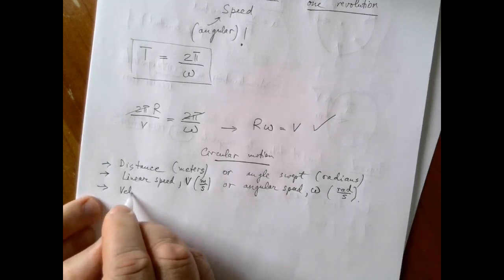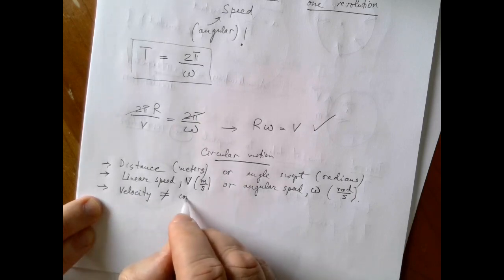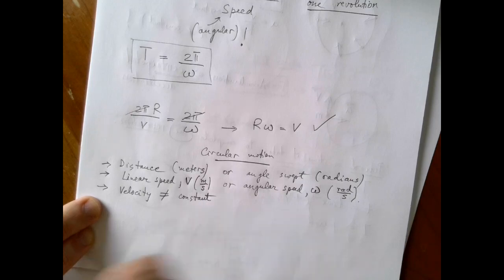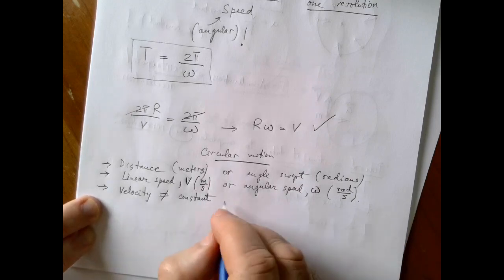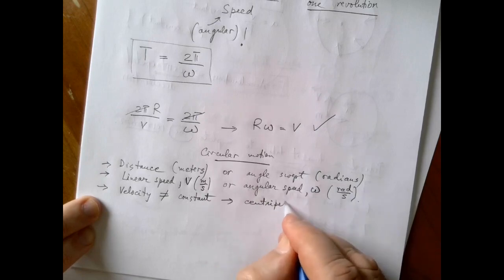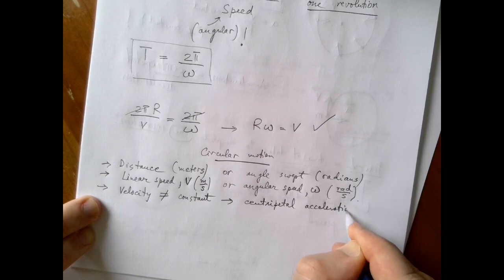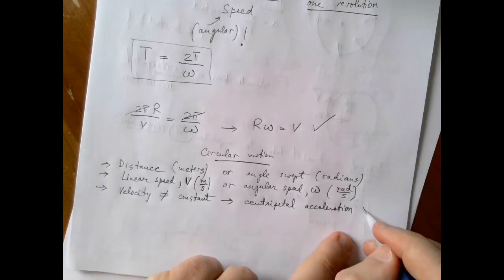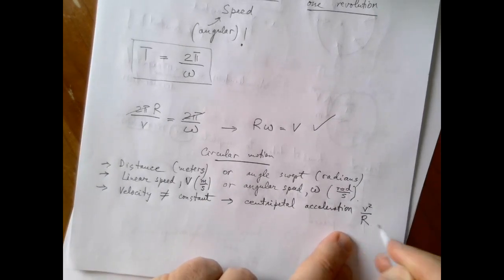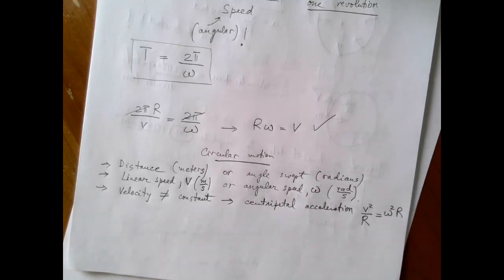Because velocity is not constant, although the speed is, I have an acceleration that I call centripetal acceleration. And this is equal to v squared over r, or omega squared r.